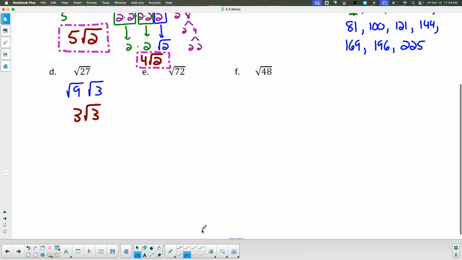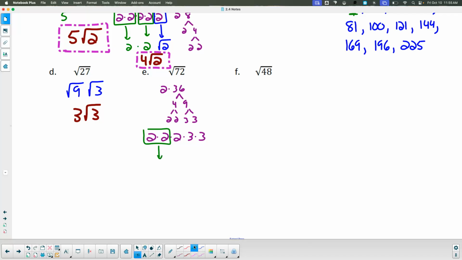72 is 2 times 36. 36 is 4 times 9. 4 is 2 times 2. 9 is 3 times 3. So 72 is 2 times 2 times 2 times 3 times 3.